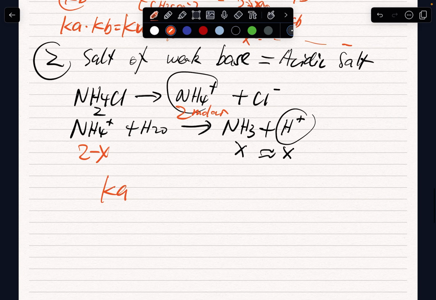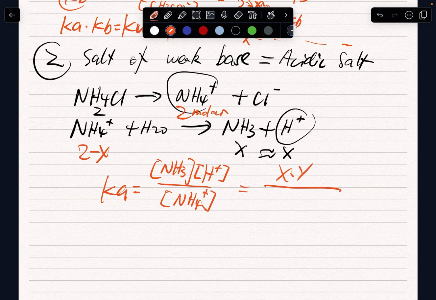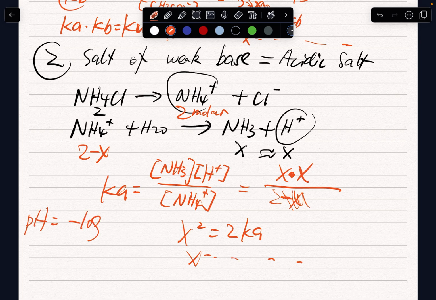Now Ka equals NH3 times H plus over the reactant NH4 plus. That's X times X over 2 minus X. You can cross out the 2 minus X and ignore that. So you have X squared equals 2 Ka, you calculate your X, and then your pH is just the negative log of your H plus concentration, okay?